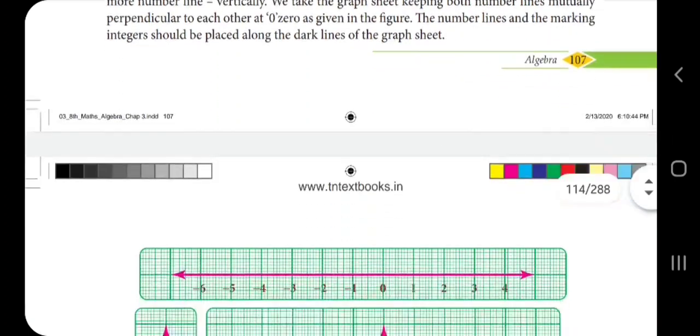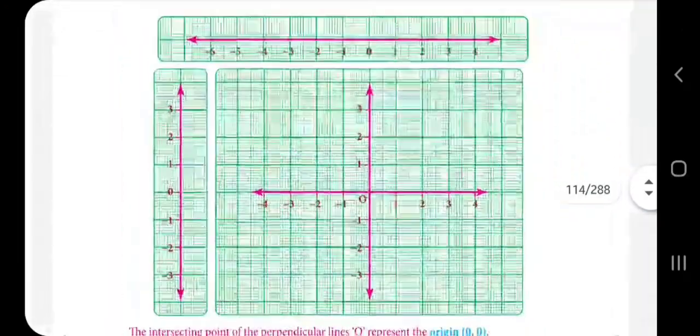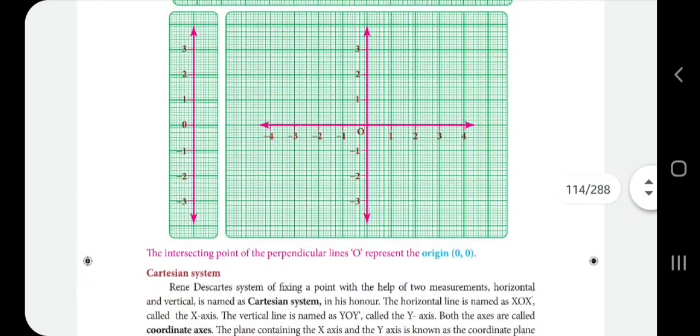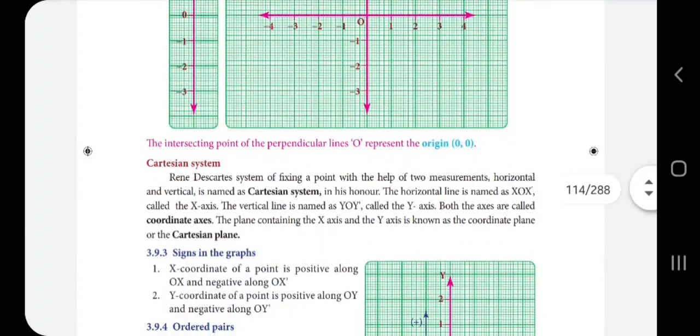In the graph sheet, you can notice there is a square box. The graph sheet contains square boxes, with a horizontal line and a vertical line, and also the Cartesian system.